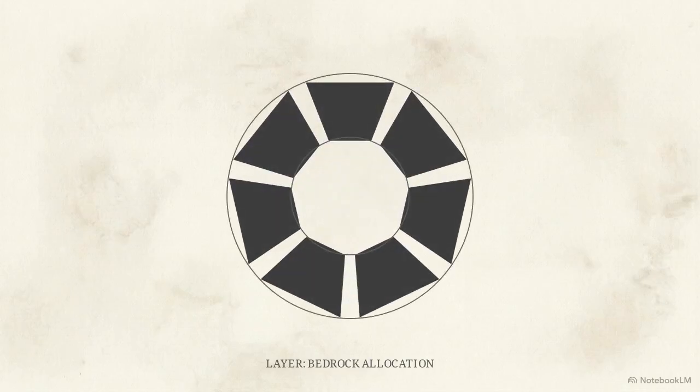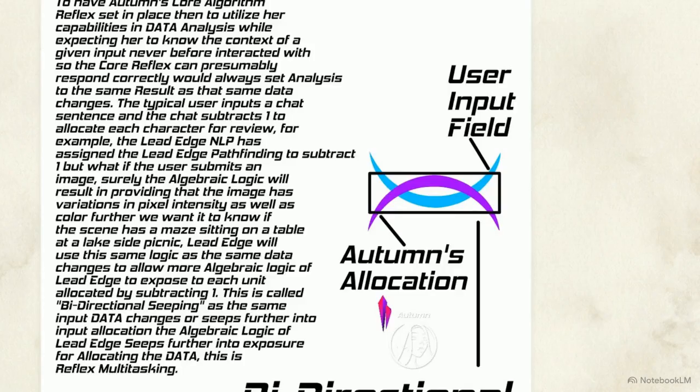The final layer of Autumn's architecture determines how she physically breaks down and allocates the data once its buoyancy is calculated. This diagram illustrates bidirectional seeping. As user input becomes more complex, Autumn's logic expands and seeps into the data.